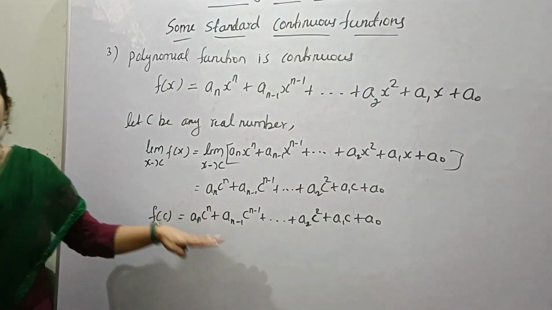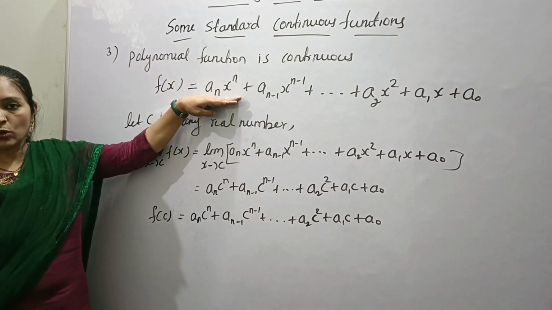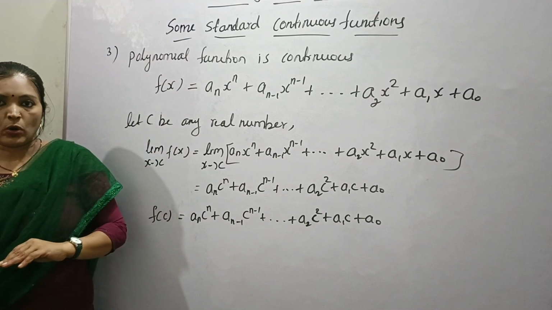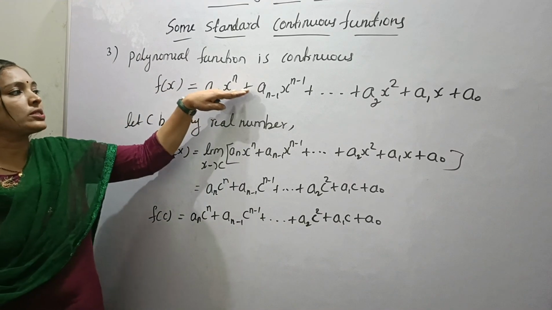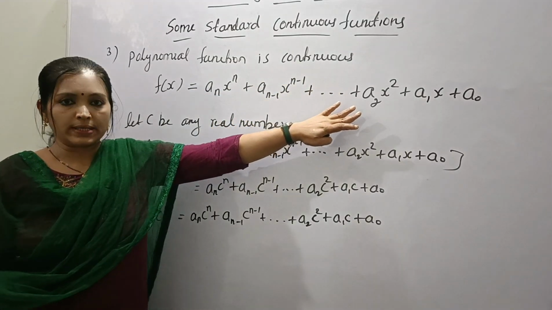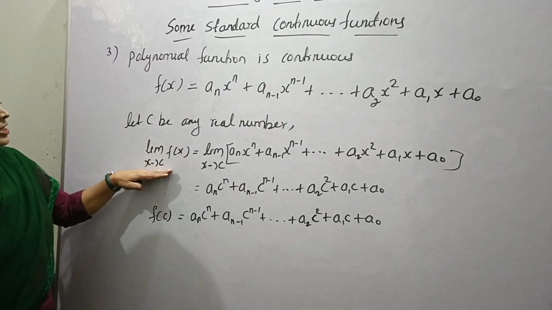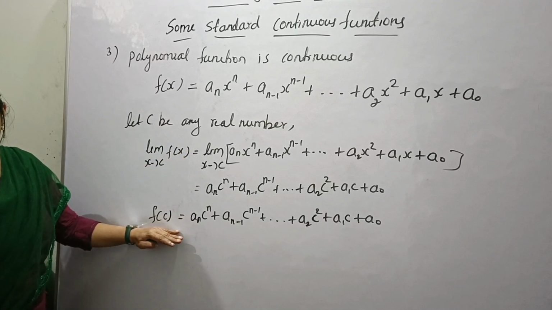So that is f of c. Here we have got limit x tends to c, f of x is equal to f of c, right?